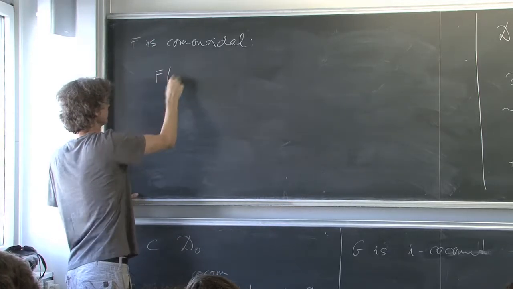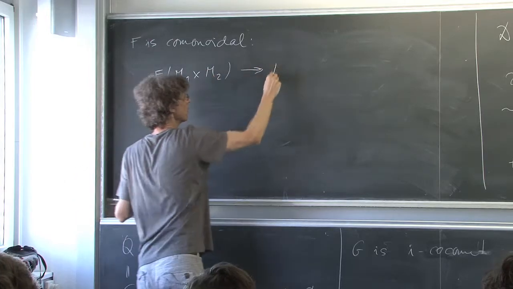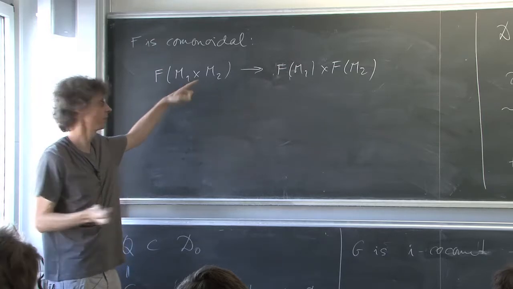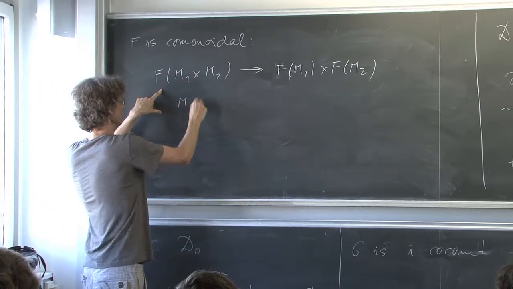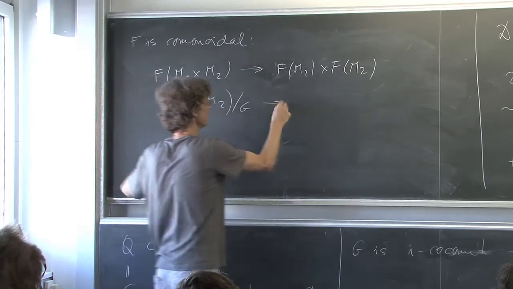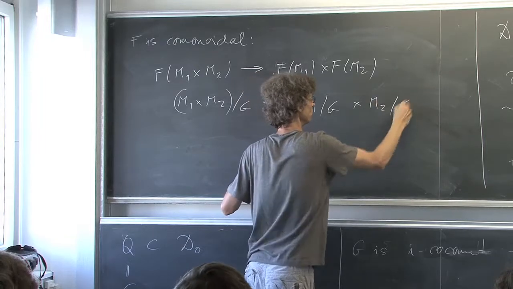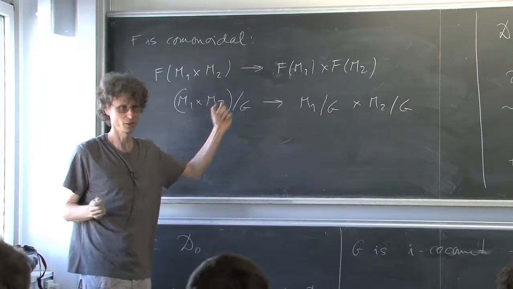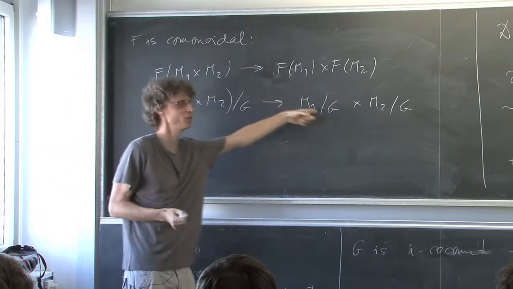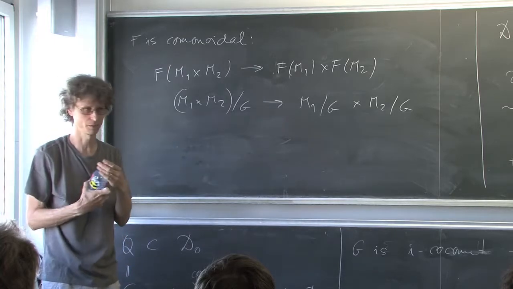So for that we should have these kind of morphisms. And who are they? Well, this is M1 times M2 mod G, M1 mod G times M2 mod G. There is this one obvious map which goes from here to there when we mod out even more, and that's the one that we're using. Nothing ever changed.